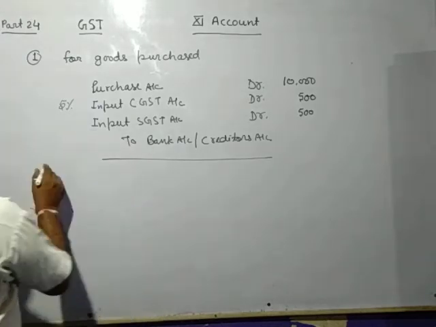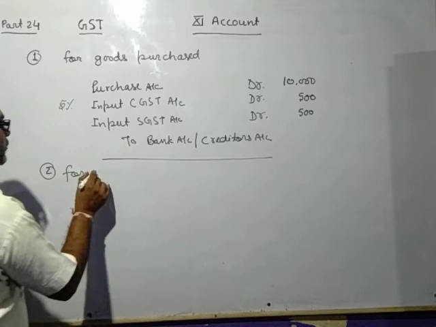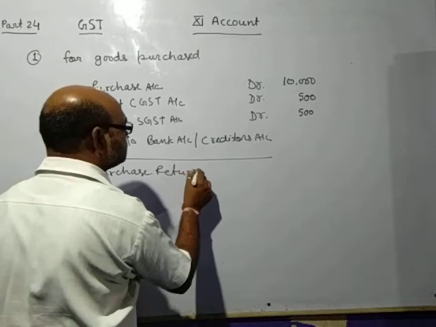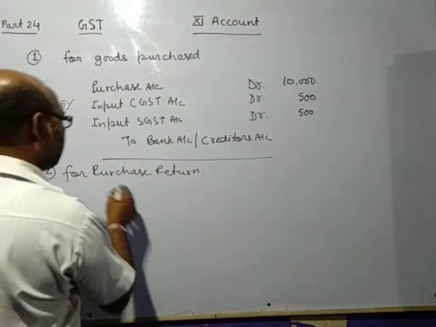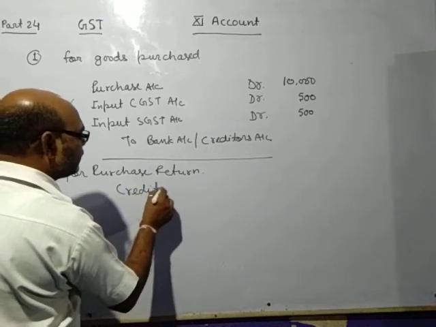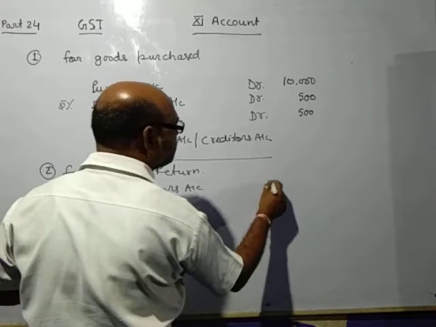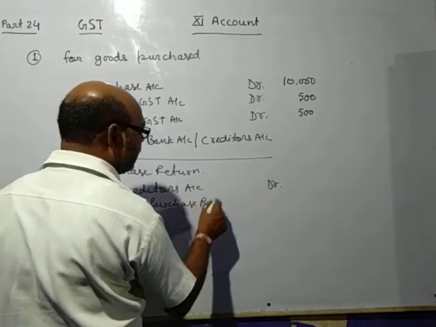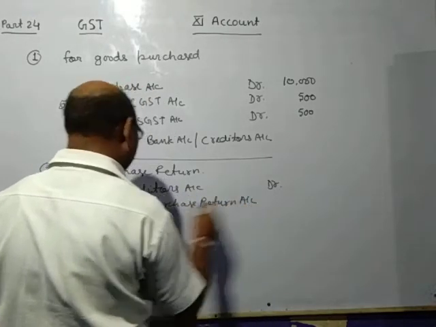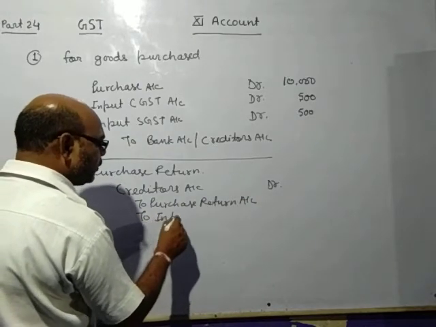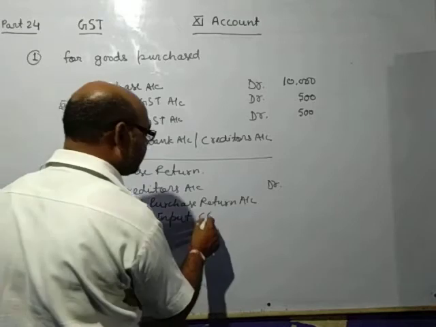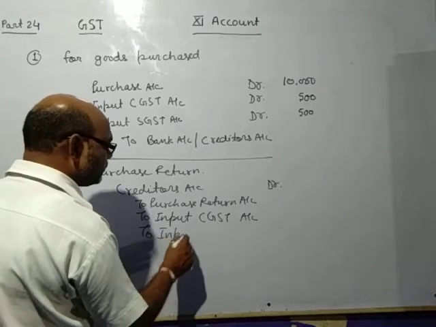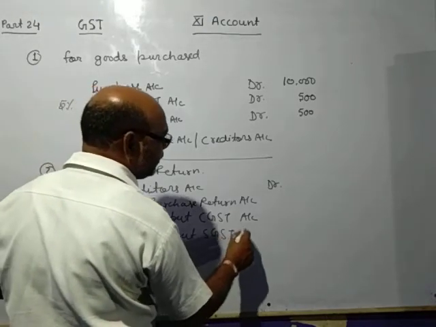Now for purchase return, when you return these goods to the creditors, creditors account debit to purchase return account and to input CGST, to input SGST account.